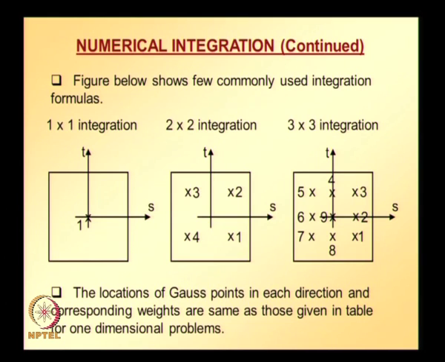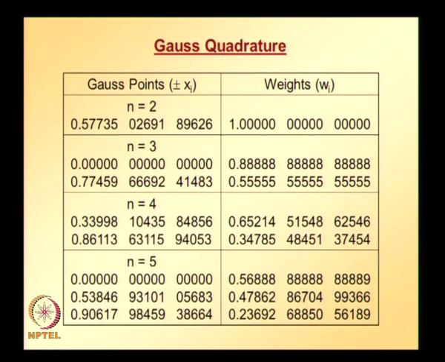So now let us look at the table. Here the locations and weights for integration points 2, 3, 4, 5 are given in this table; 1 is not given. For n equal to 1, the integration point location is 0 and the weight is equal to 2.